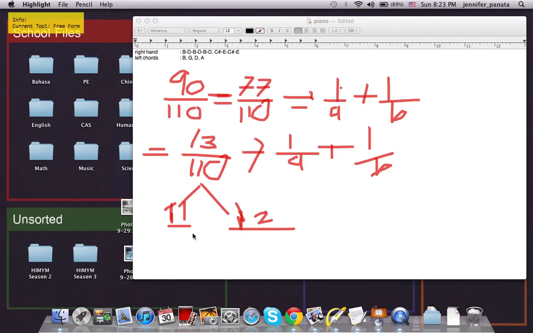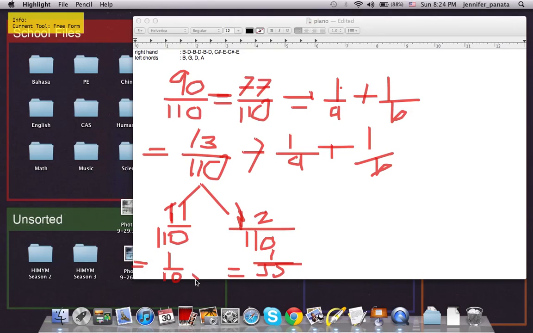So, 11 over 110 and 2 over 110. These can be simplified into unit fractions, and they will become 1 over 10 and 1 over 55. And so there you have it.